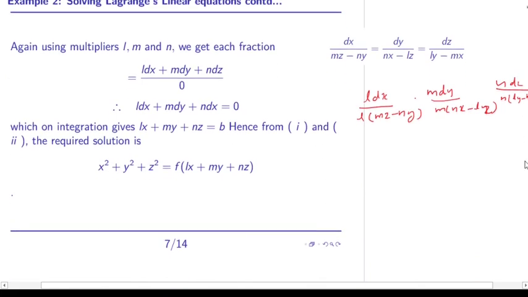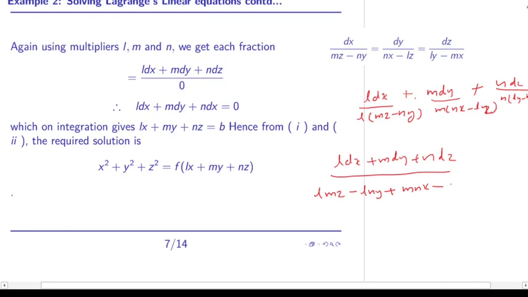Okay, so since these three are equal, you can just add this. So finally what we get is L dx plus M dy plus N dz divided by L M z minus L N y plus M N x minus M L z plus N L y minus N M x.